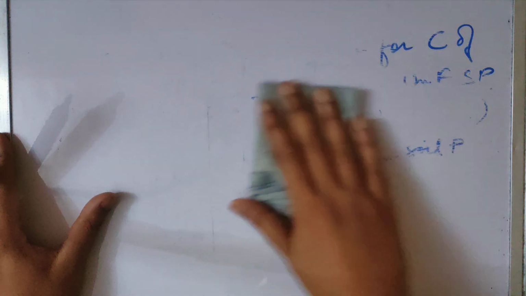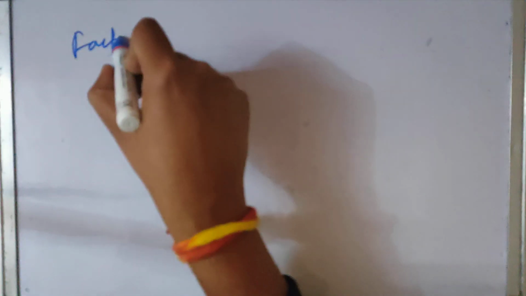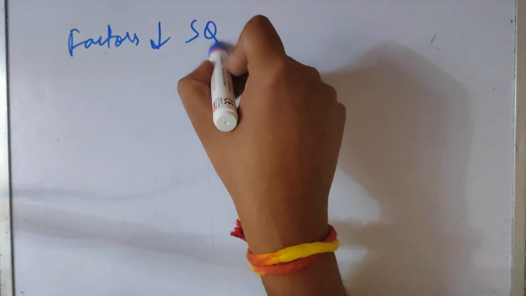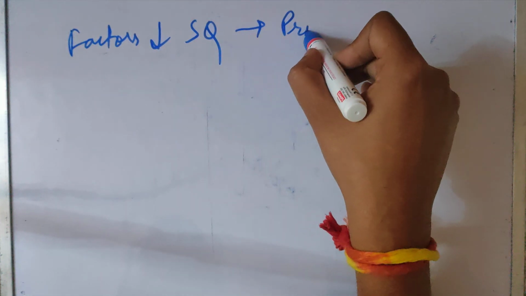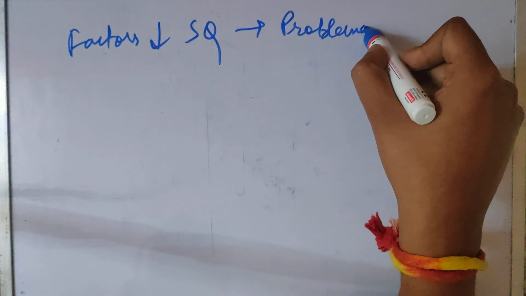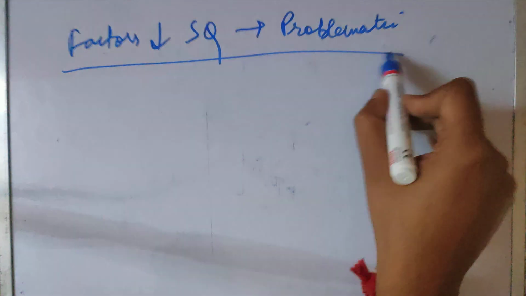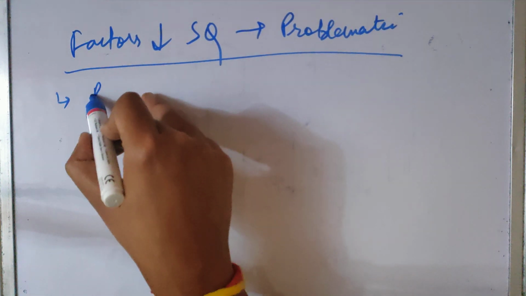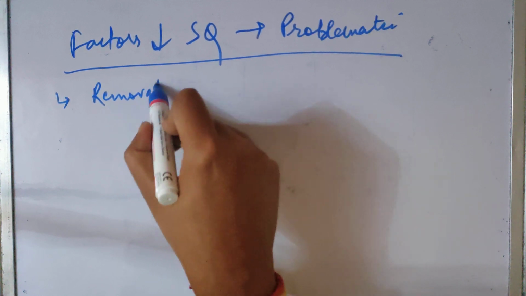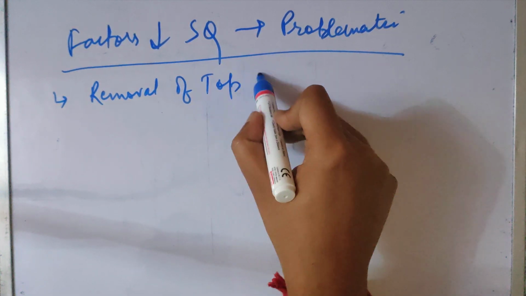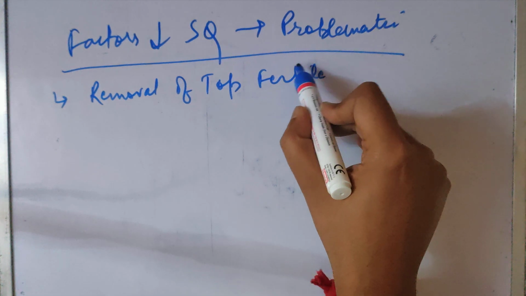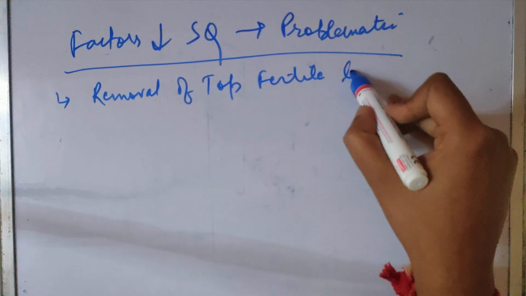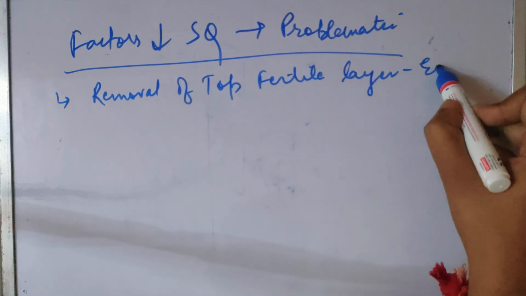Moving on, what are the factors reducing soil quality and making them problematic? The first factor is removal of top fertile layer, that is erosion.